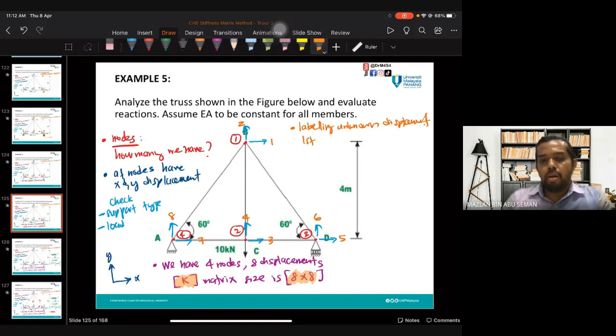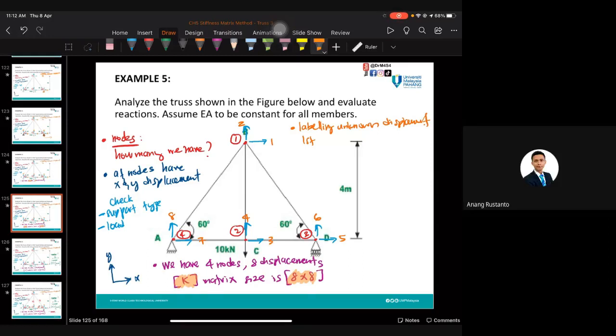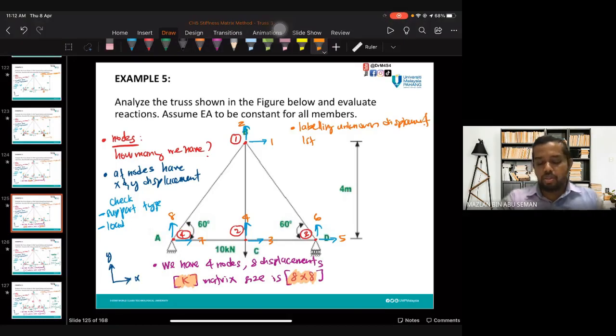If you have 10 displacements, how big will your matrix be? 10 times 10, and so on. If you have 20, that's 20 times 20. Okay, thank you.